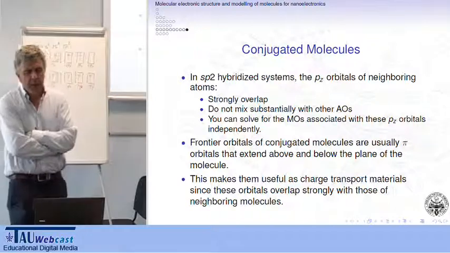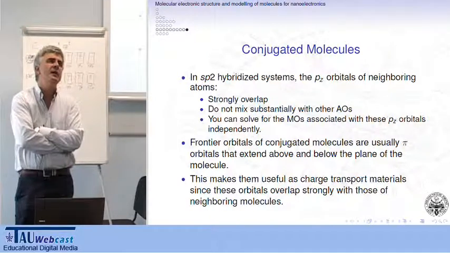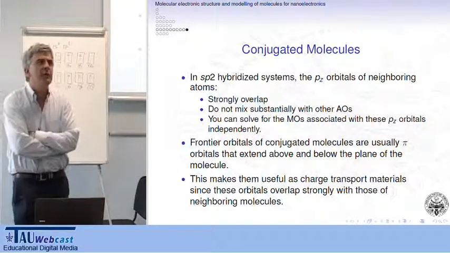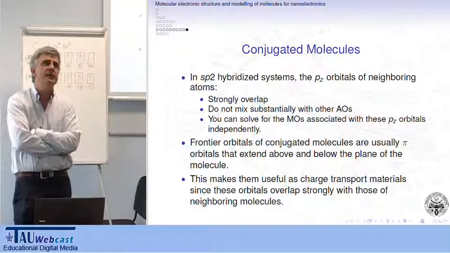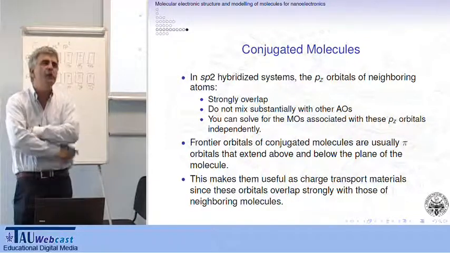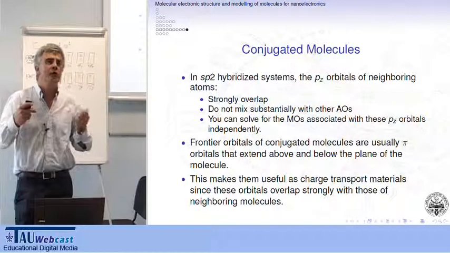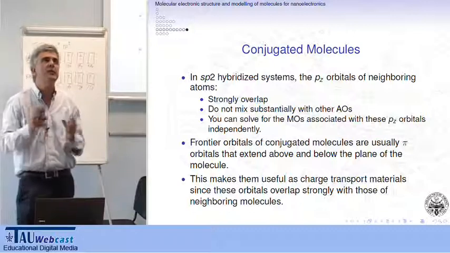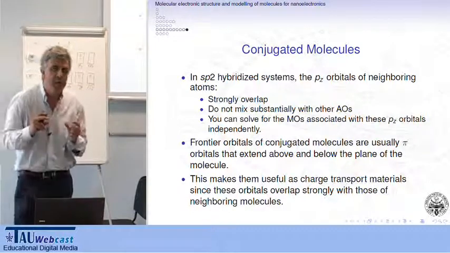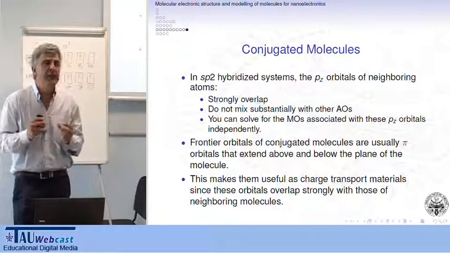In other words, even if the system is quite complex, we can simplify, because we can apply the linear combination of atomic orbitals separately to the pz orbitals. We do not have to reconsider all orbitals together, 1s, 2s, 2p and so on, but we can focus only on the molecular orbitals deriving from the interaction among the pz.